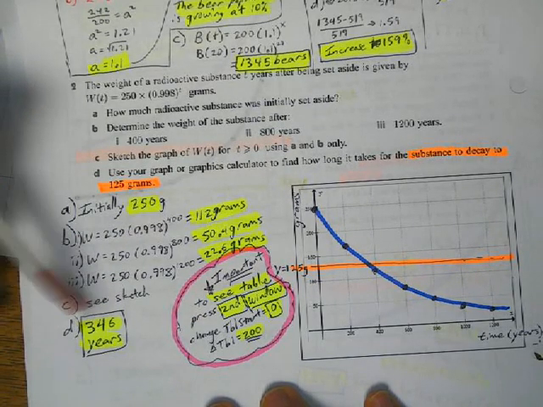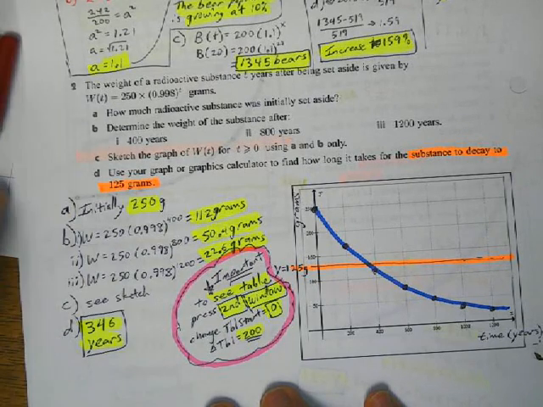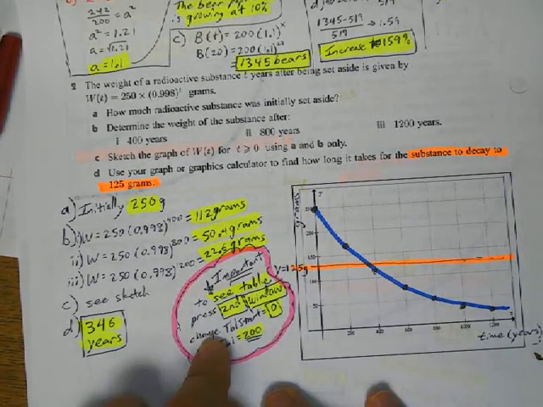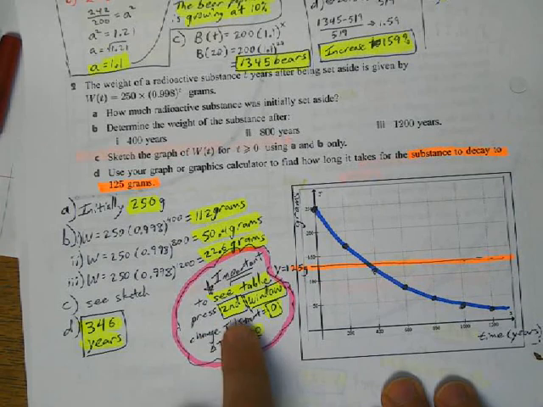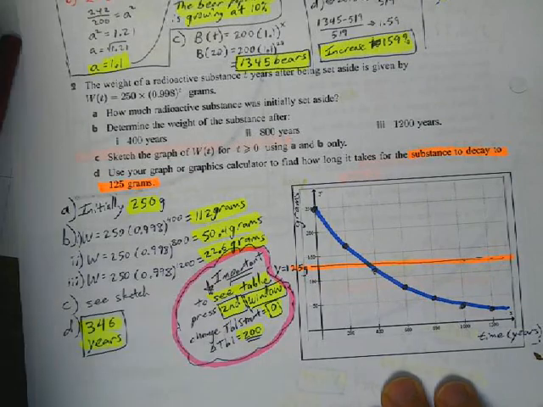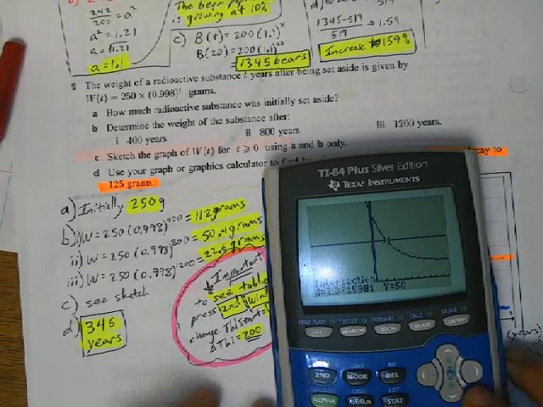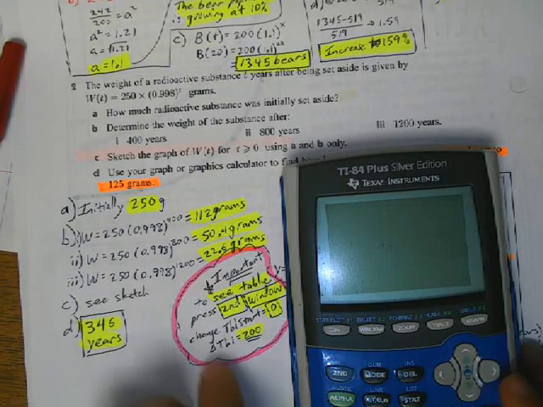In order to get points to draw my sketch, this is important, you should write this down on your paper. To see the table, I'm going to press second window and change the delta TBL to 200. Let's do this together, because I think this was a little bit tricky. What is my equation?